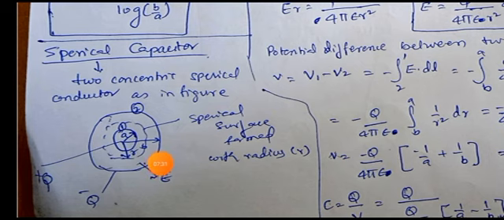So here the electric flux is around the inner sphere, in between the inner sphere and outer sphere. So you have to take the surface area of this electric flux as the Gaussian surface.